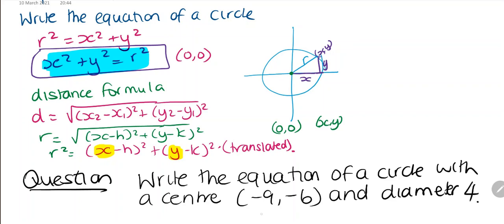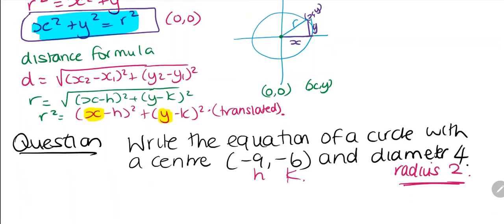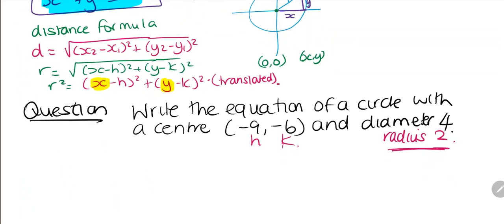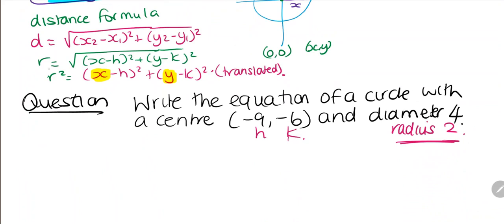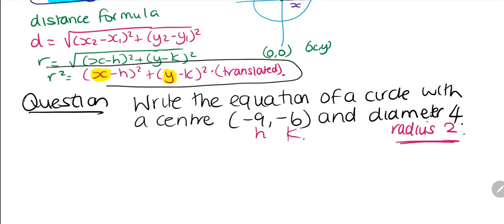So this is our h and our k values. And we have a diameter of 4, which means we have a radius of 2. So if we put this into our formula, we're going to be using this formula here, because it's not at the center, it's not at 0, 0, it's been translated.